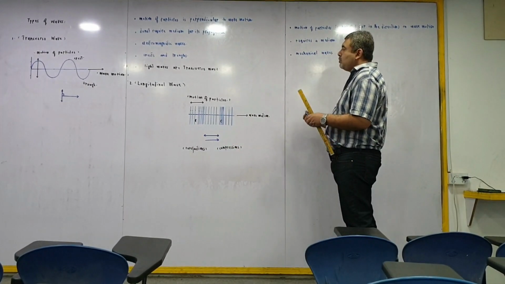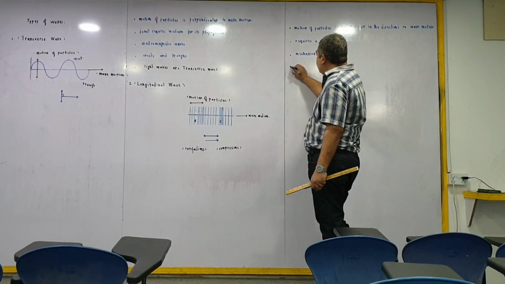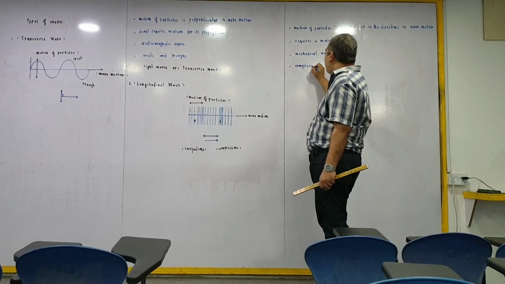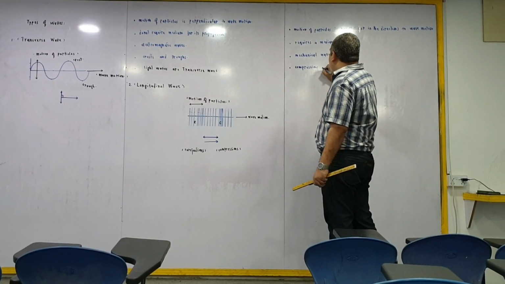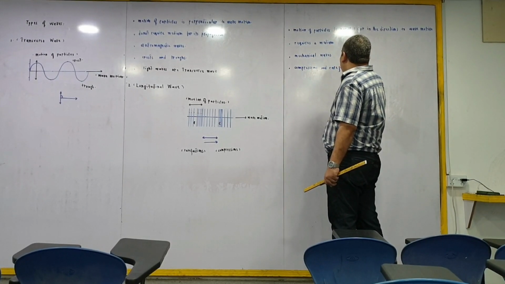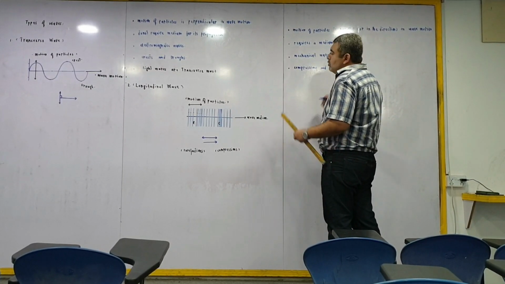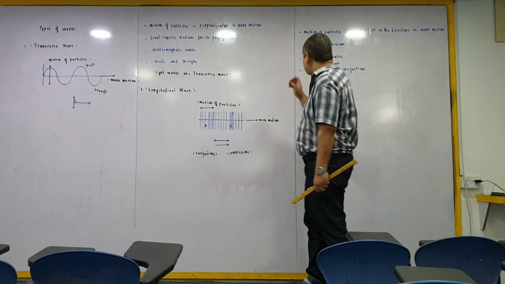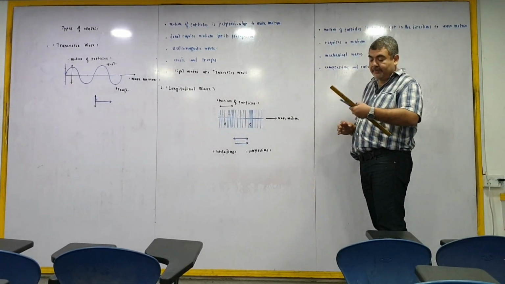So the last point we can write is they consist of compressions and rarefactions. Right? So now you can easily distinguish what actually crest and trough are and what actually compressions and rarefactions are.